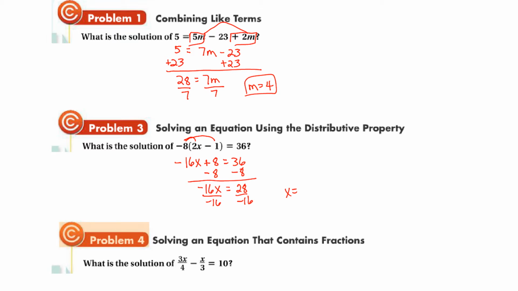And I get x equals, if you put that in your calculator, you're going to get a decimal. Use your math key to change it to a fraction, and we get -7/4. So x equals -7/4.